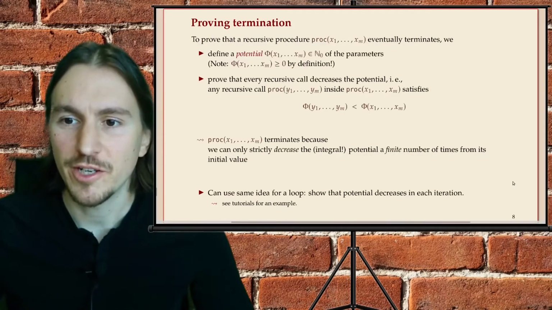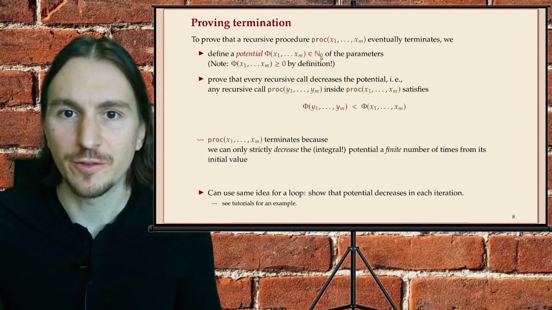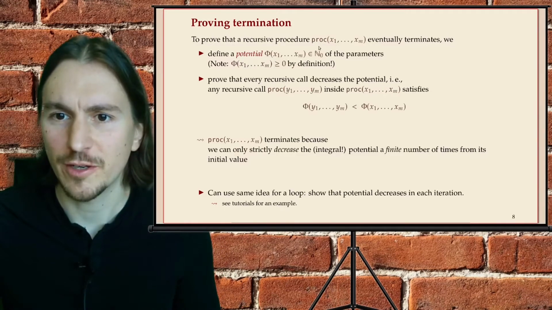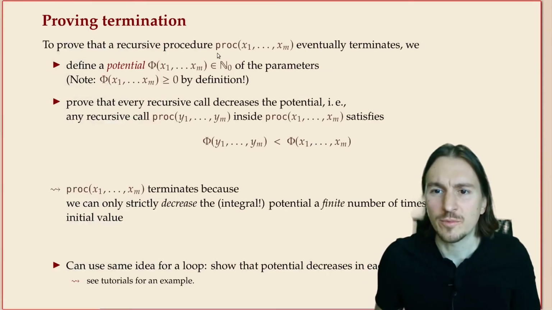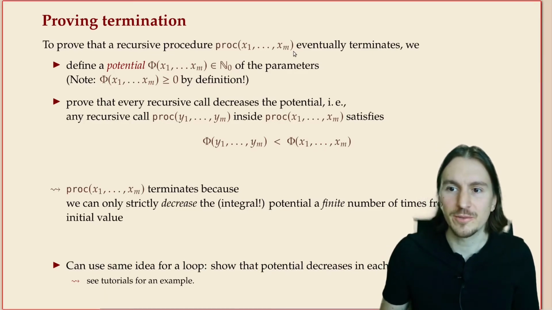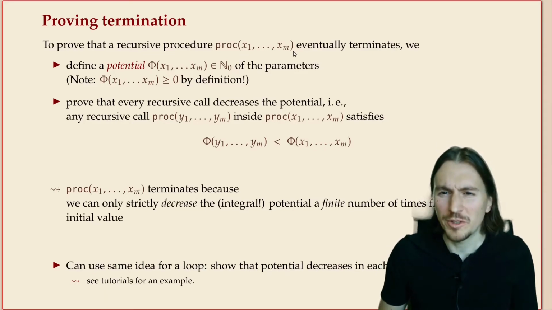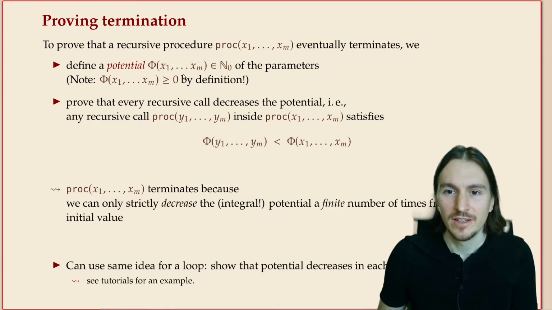Now, for proving termination, I will formulate this here for a recursive procedure. So you have some procedure that calls itself again, and it has different parameters. And we want to show that at some point this recursion stops. A way to do it is to define a potential function.